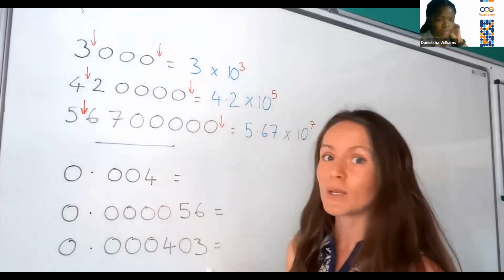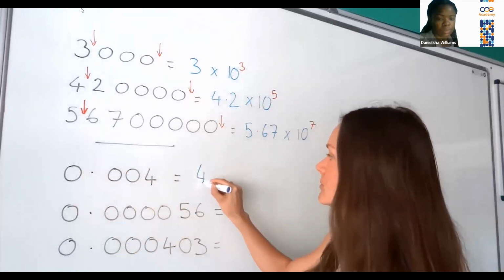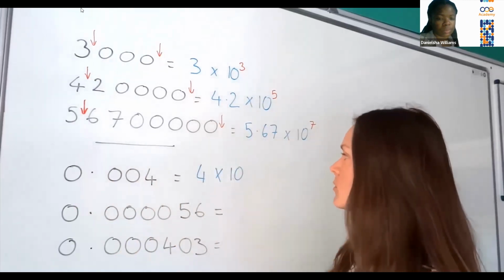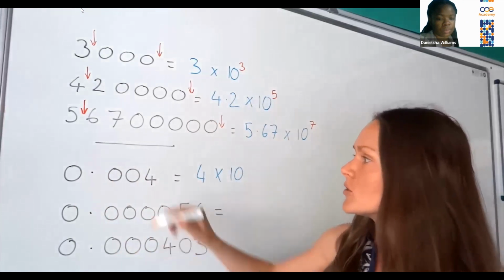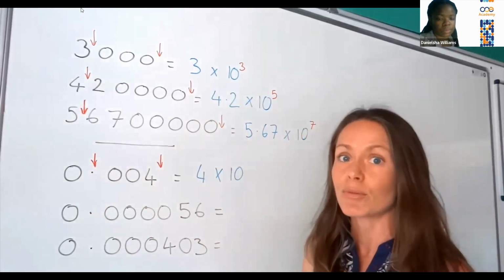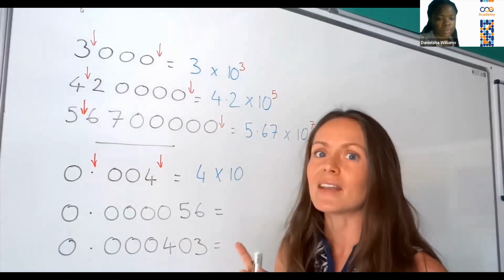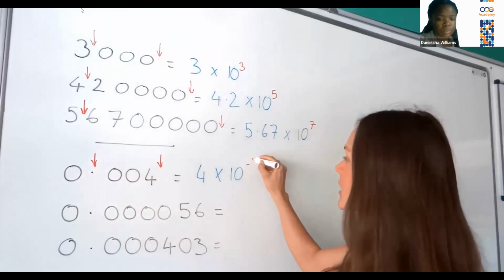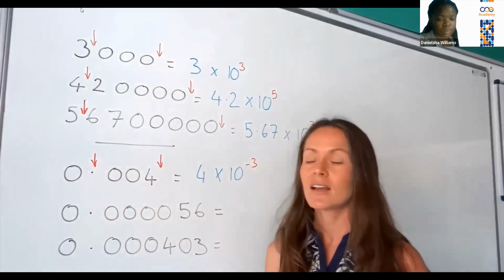To make this number between 1 and 10, I need to write 4. Then I'm going to write times 10, just as before. I'm also going to check to see how many places the decimal has moved, and it's moved 3 times. But remember, it's a negative power because it's a small number. So this time, it's negative 3.